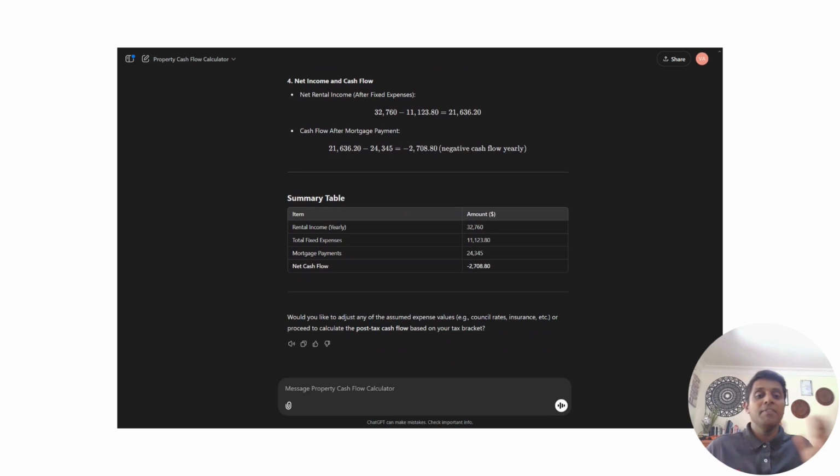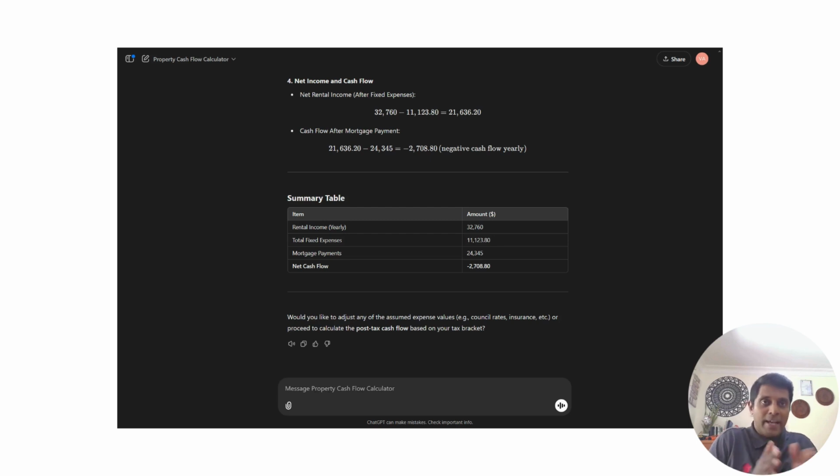As you see in the previous iteration with $570 a week rent, and their bank interest rate of 6.29%, they were sitting at a negative cash flow of around $5,000 to $6,000. Now, with just two variables being adjusted, interest rates going down to 5.95% and the rental income pushed to $630, their net cash flow is around $2,708.